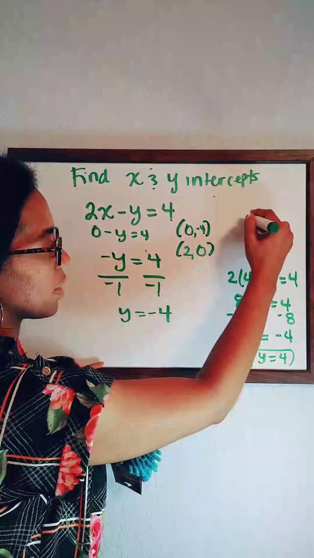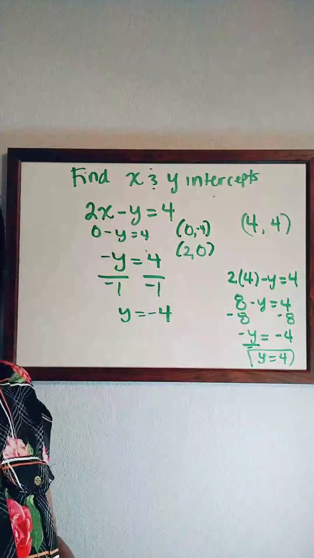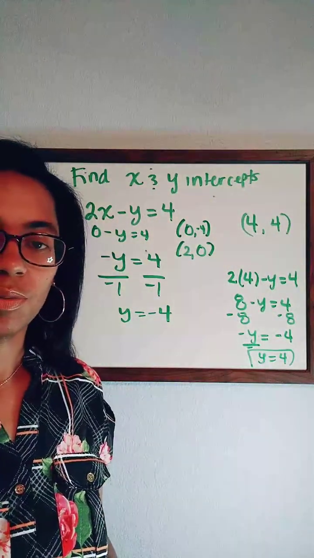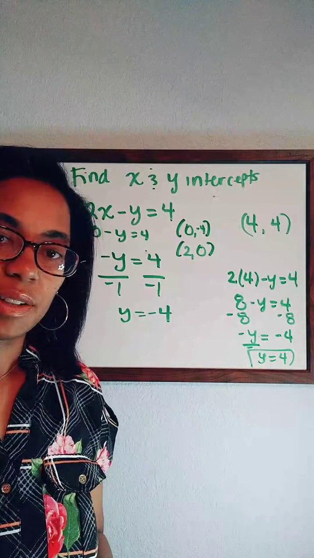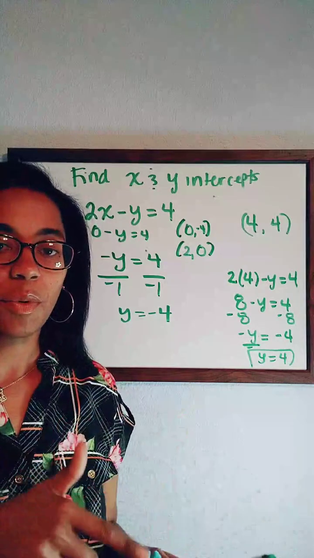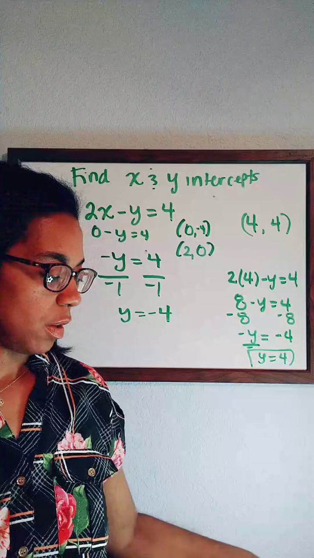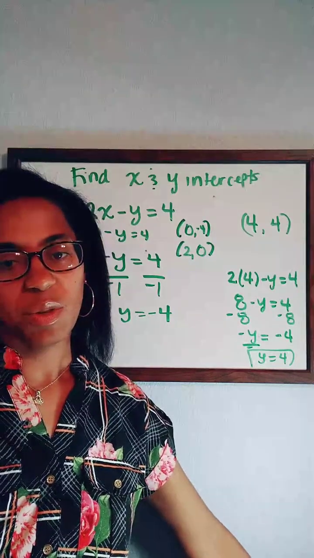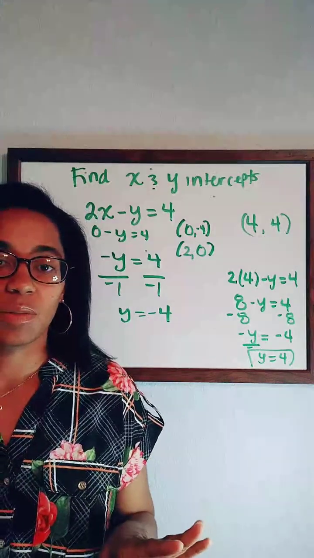So whenever x is equal to 4, y is equal to 4, and that is true. It doesn't matter what number you insert, as long as you solve it right, you're good. You could still plot that point on the graph. We were just focusing on the x and y intercepts, but you can choose any number you want to substitute in and solve.